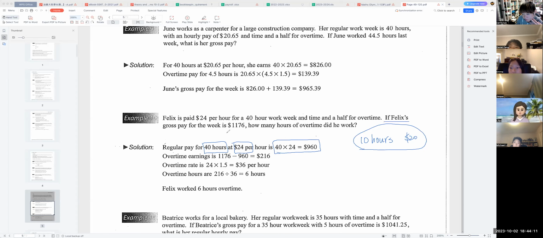Do you understand this? Can you read this sentence for me? If Felix's gross pay for the week is $1,176, how many hours of overtime did he work? I only asked you to read this one sentence, and you didn't finish reading it. What does it mean?